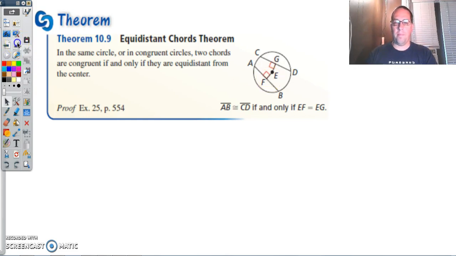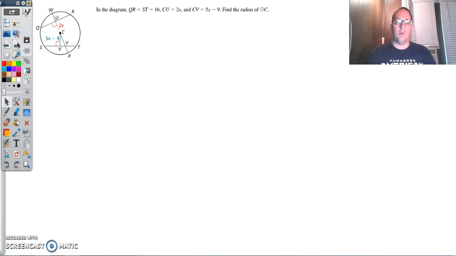All right. So what we're going to do, in this diagram, in this circle, circle C, we need to find the radius. It tells us that QR equals ST, which is 16 units. And we have measures for segment CU and segment CV. So if we look at this, we know two things right away.